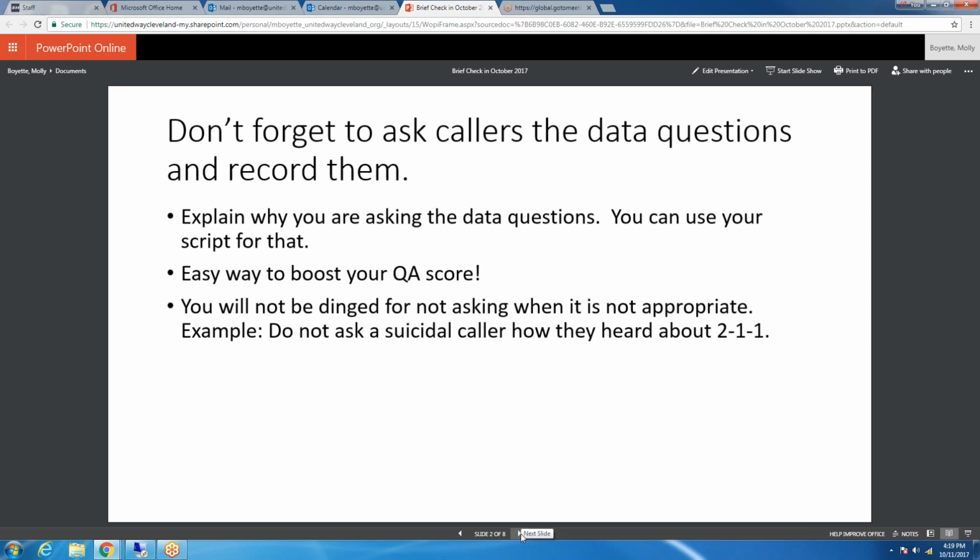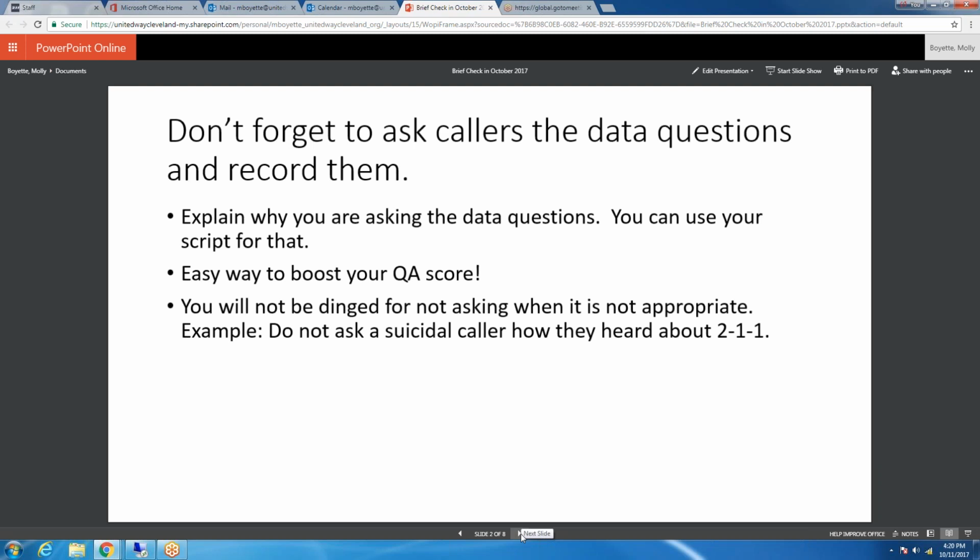Also, if you have a caller that is very resistant to providing any sort of demographic data, and they're telling you, I don't need to tell you my zip code, I'm not going to tell you my age, let's not needle them with continued questions.